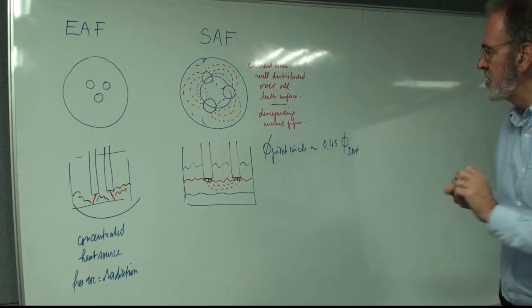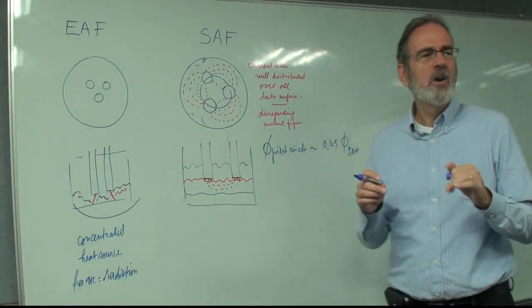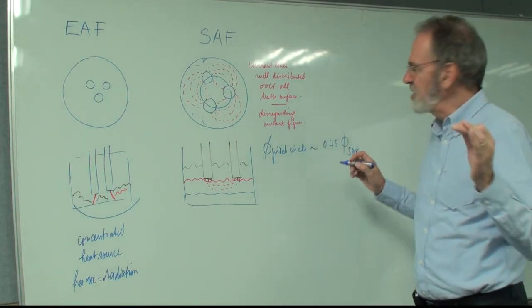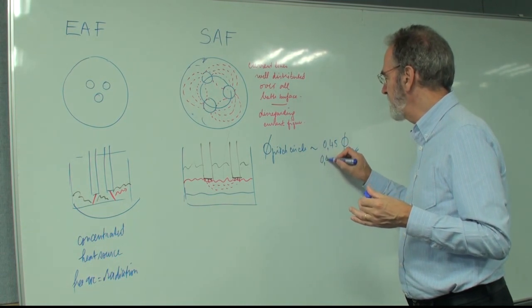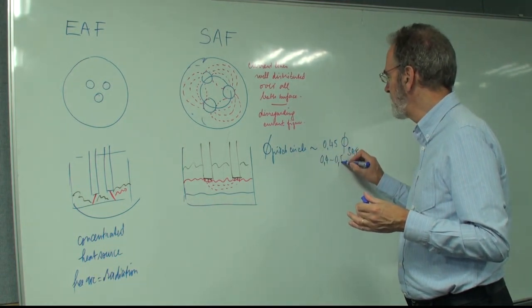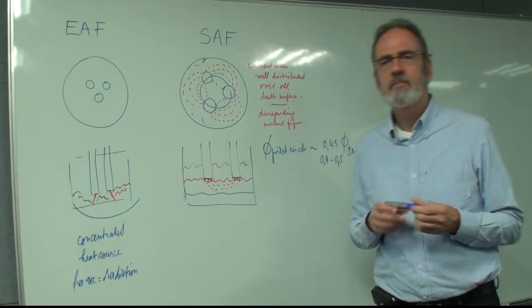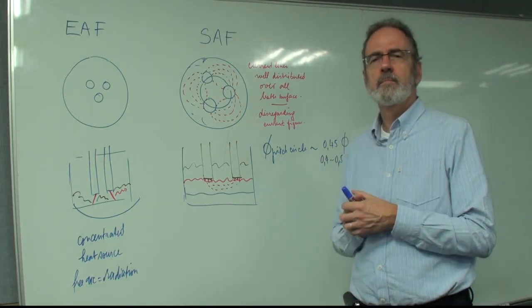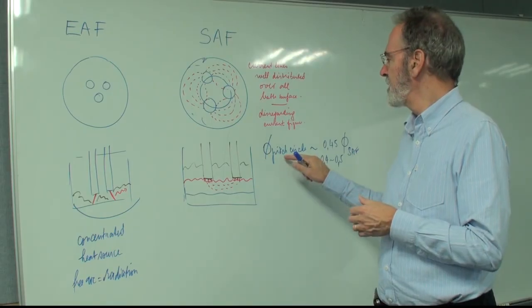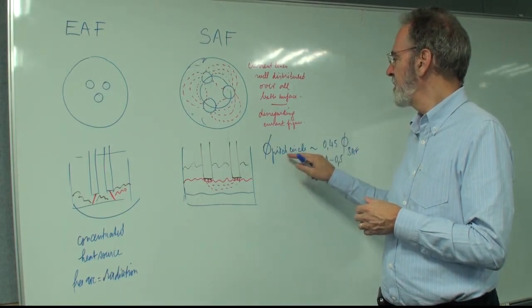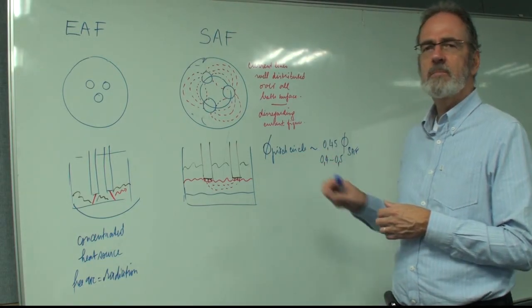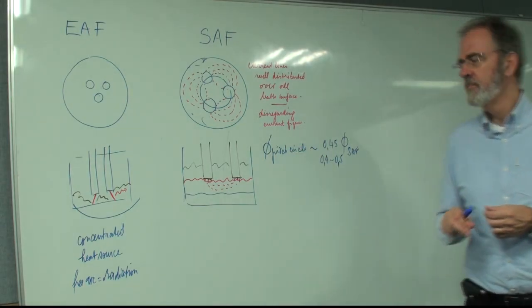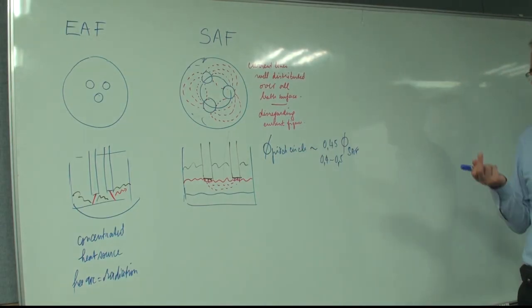So it's not a fixed constant, but some people take this 0.5. This PCD means pitch circle diameter.